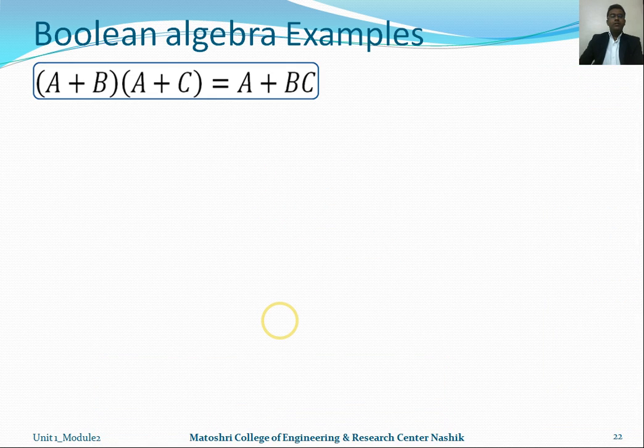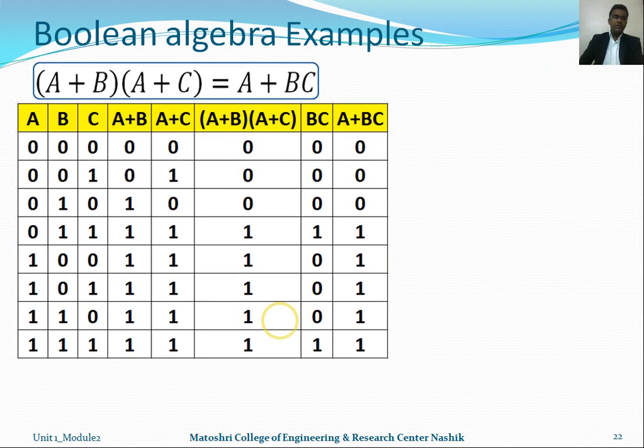If we prove this law using the truth table, we take the three inputs A, B, C, and for the three inputs there are the possibilities. Either all inputs A, B, C are 0, or all inputs are high, that is 1, or random combinations.